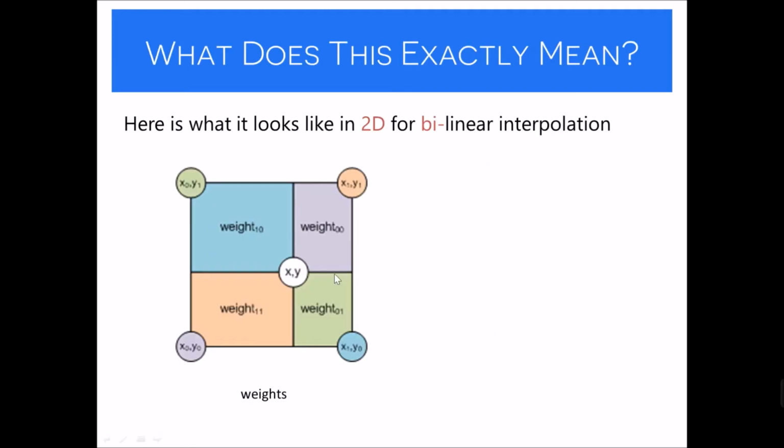So like in the bilinear case, just a single slice. Basically, this voxel here has a weight, and this voxel here has a weight, and this voxel here has a weight, and this voxel here has a weight, which is basically 1 minus p, 1 minus q, and so on, right?